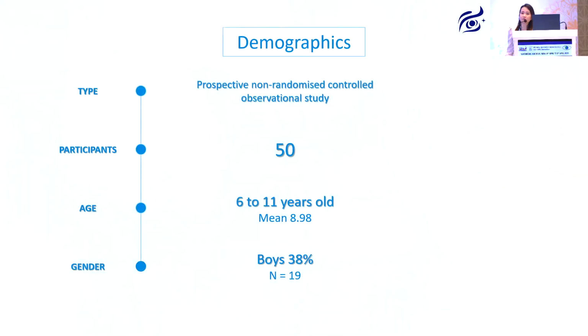So what are the demographics of the patients that we recruited? The type of study that we performed was a prospective, non-randomized controlled observational study. We recruited a small number of subjects, which is 50 participants, aged between 6 to 11 years old, with a mean age of about 9 years old, and about 40% of them are boys.